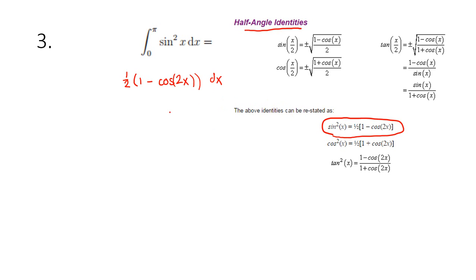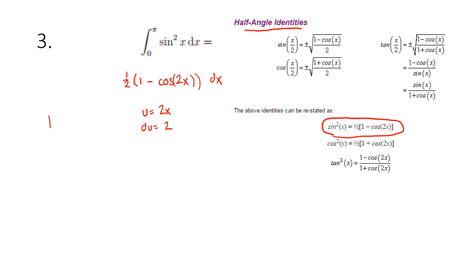Alright, the next thing we're going to do is use u as 2x, and then du would be 2. Oh, wait, before I do that, I want to break this up into parts.